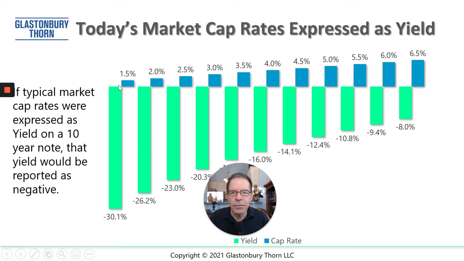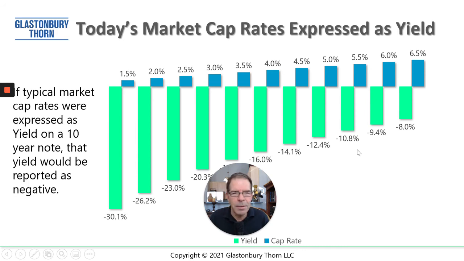Now, let's take a pretty interesting view of today's market cap rates that we saw in the range of 1.5 to 6.5, expressed as yield on a 10-year note. And you can see that every single one of those streams of payments, if expressed as a yield on a 10-year note, would all have been negative.